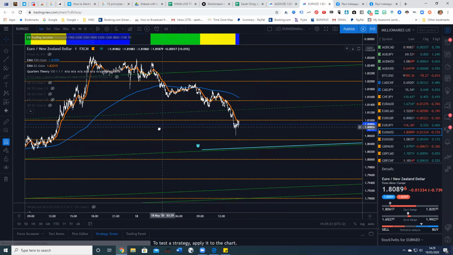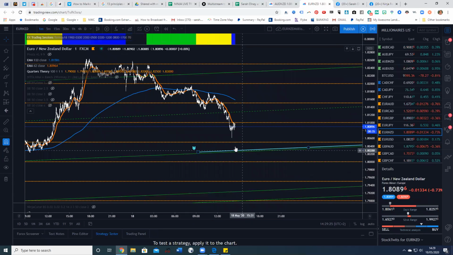Right, Euro NZD, I'm waiting for it to come down to this level. Again, you've got a wedge. So at the moment it's crossed over, it's broken and retested. How many has it done there? Oh, a lot of pips, 38, gosh. So that's strong momentum on its way down, but you're looking for it somewhere in this zone of 1.80500 down to that pitchfork.